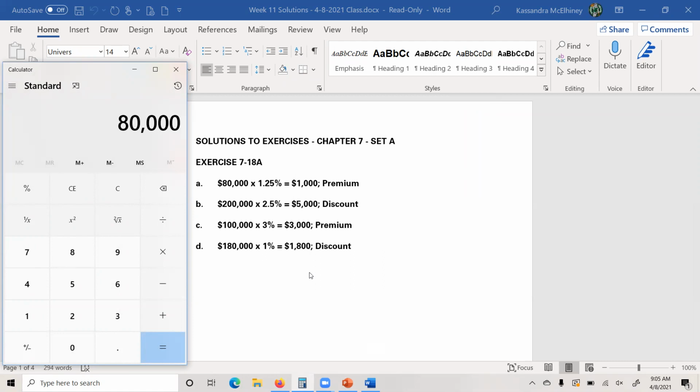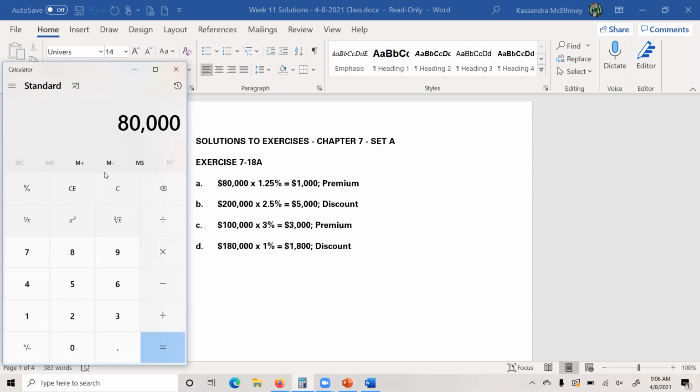So anything greater than 100% of face value is going to be a bond premium. Anything less than 100% of face value would be bond discount. So in this case, our bonds were issued at 101 and a quarter.